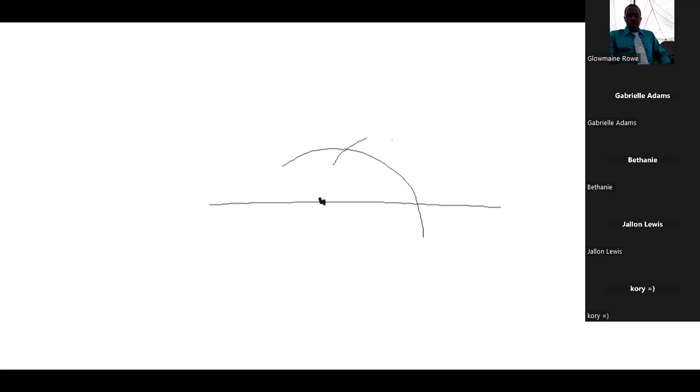So we should draw the line from here. Not really accurate still, but you get the idea. 60 degrees. So just by looking at the construction method, even without seeing the line drawn, because once you see the line drawn, you can estimate it.